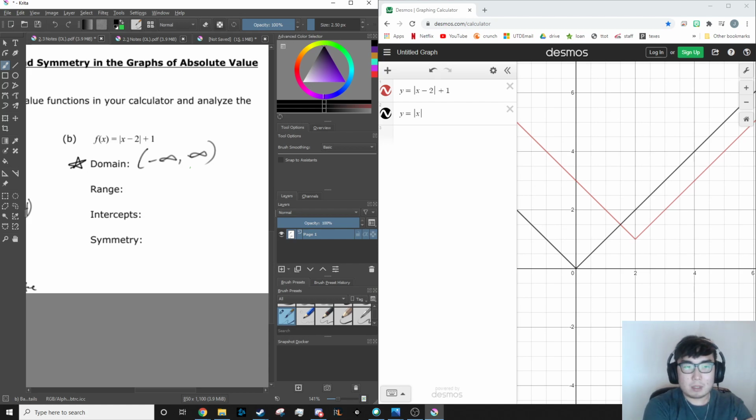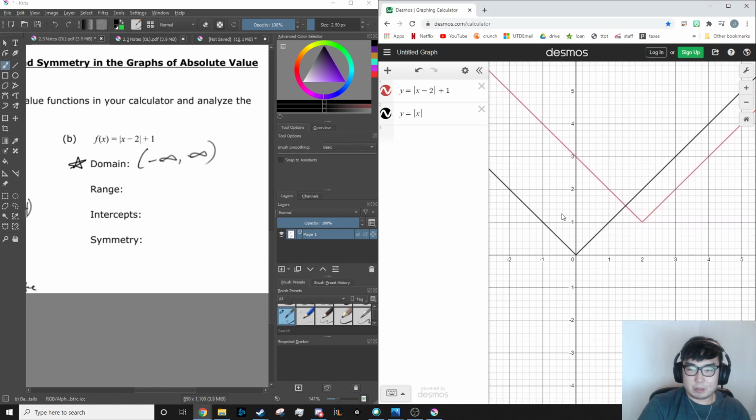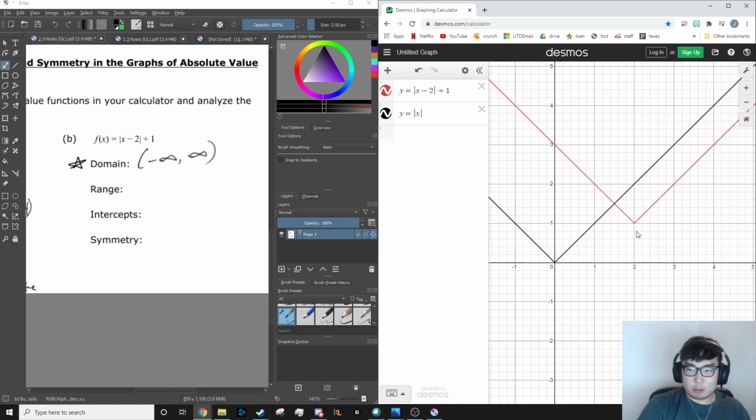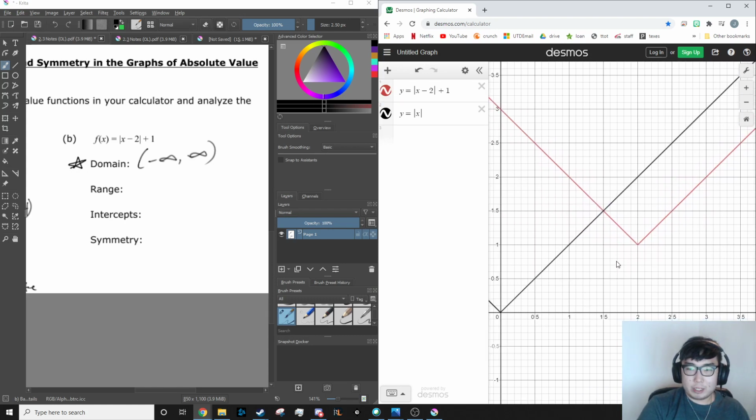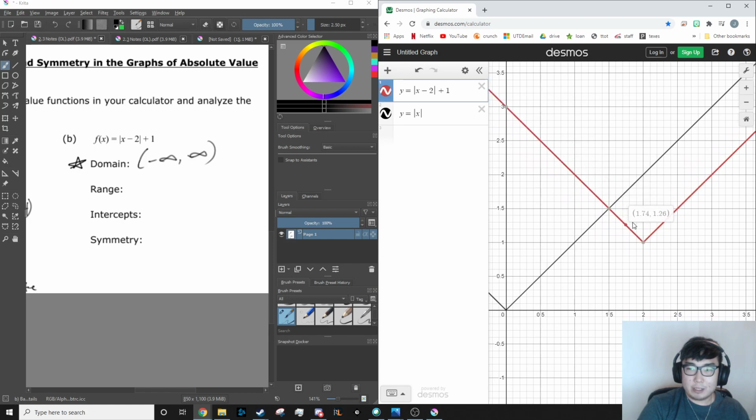No. But moving it up and down definitely changes the range, because I didn't have all real numbers to start with when I'm talking about my parent function, or my black graph right here. So we're talking about the red graph, of course. The lowest point that you can have on this graph would be 1. But you see how this graph is going upwards as much as it can, and this part is also going upwards right here.